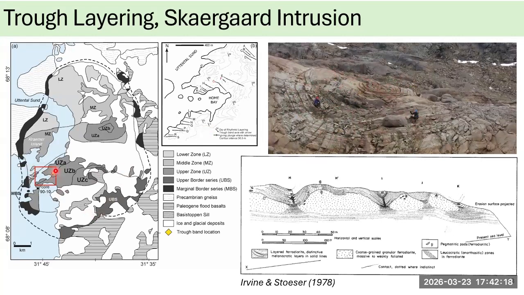And you can find them here in the upper zone A. So they're these troughs lying on top of homogeneous gabbros. These trough layerings are present along this peninsula. There are a couple of them, almost 15 or 17, maybe more.